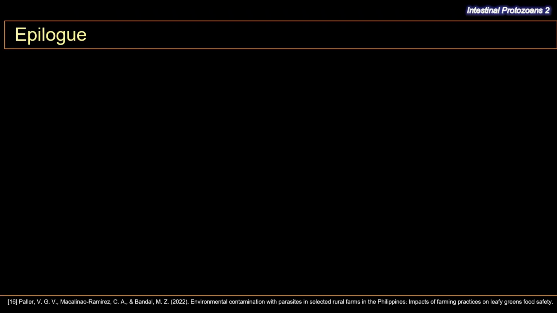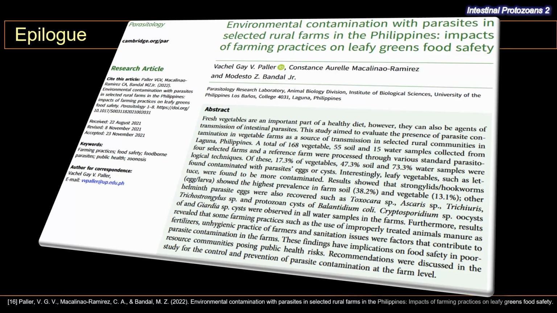To wrap up the lecture, let me share a 2022 study in the Philippines by Palar et al., where they studied vegetable farms in selected communities and found more than 17% of vegetables, particularly lettuce, whether iceberg or romaine lettuce, and more than 47% of soil samples, and more than 73% of water samples were actually contaminated with one or more parasites.